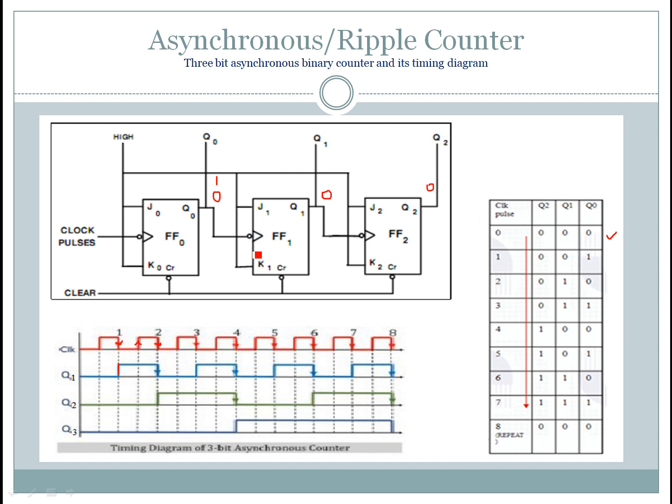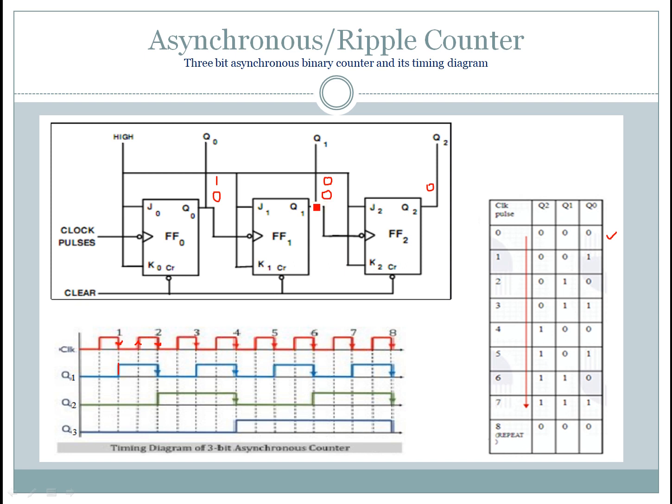So the flip-flop will not be active because the flip-flop only changes its state during the negative edge. So here now it's a positive edge, so the flip-flop will not change its state, so it retains the previous state, that is 0 only.